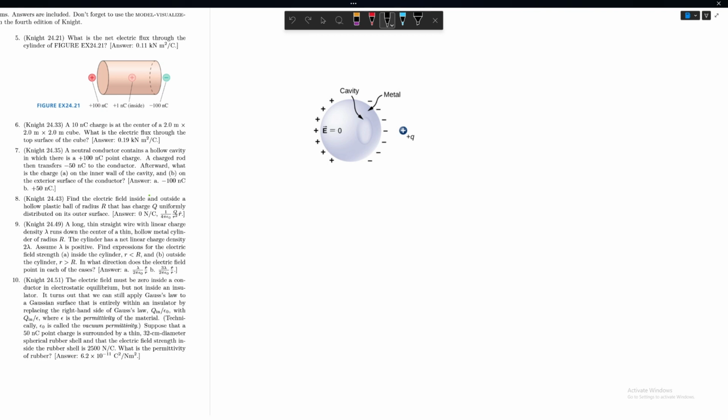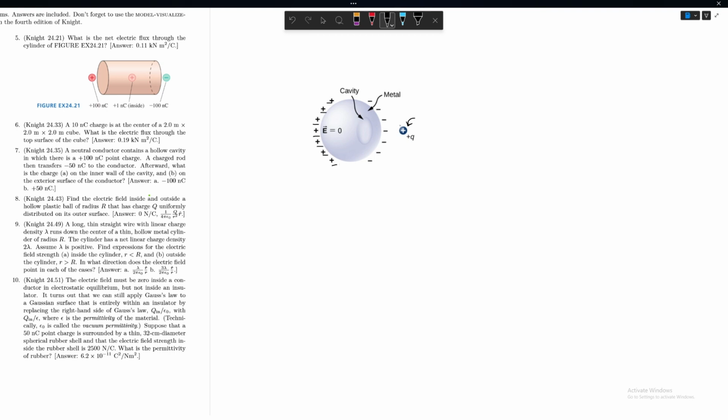In this example, as you can see, when I put a positive, don't think about it as the positives moving to the left because they repel, and the negatives moving to the right because they got attracted. Actually, these negatives were here, and this was neutral.